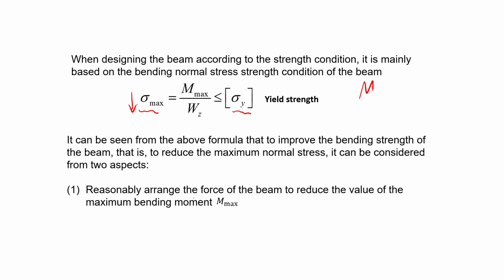So this moment you apply on the beam can be reduced. For example, for this cantilever beam, if you load it here, you will generate the max moment. How about you load it here? The moment will be halved. So this is arranging your force on the beam.